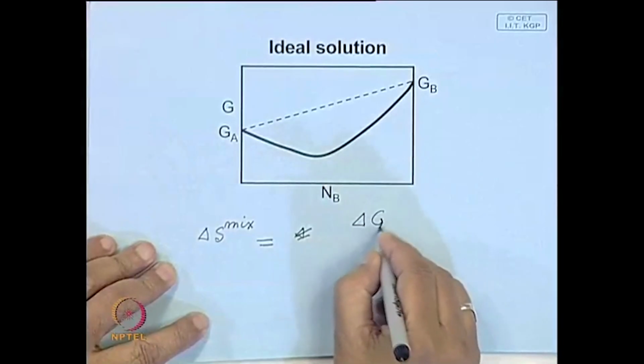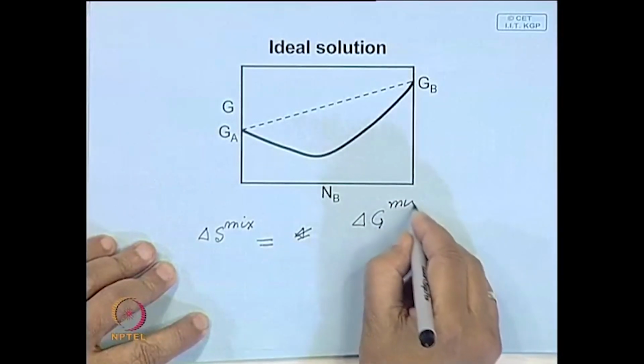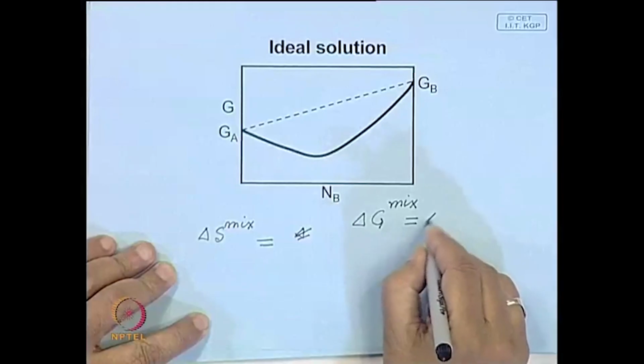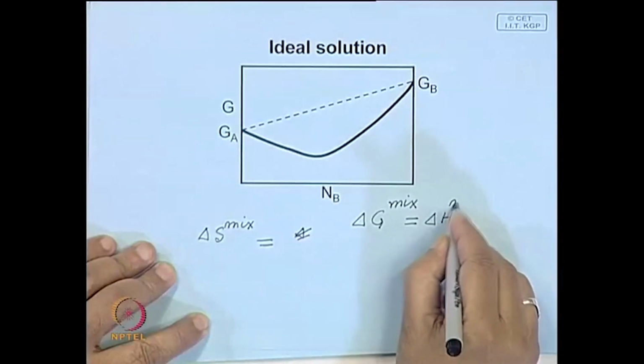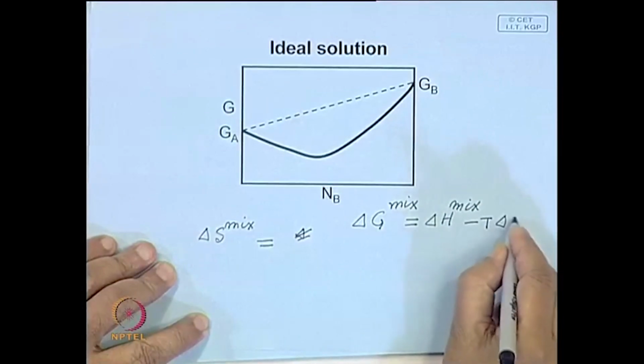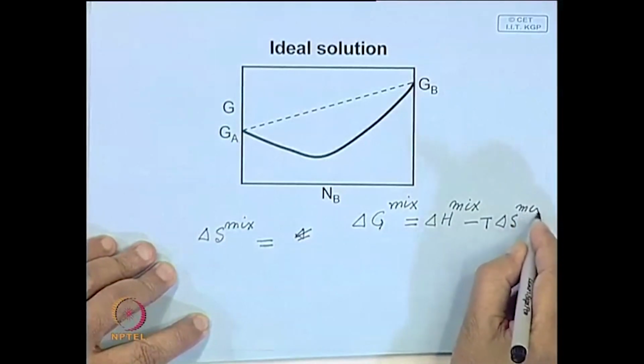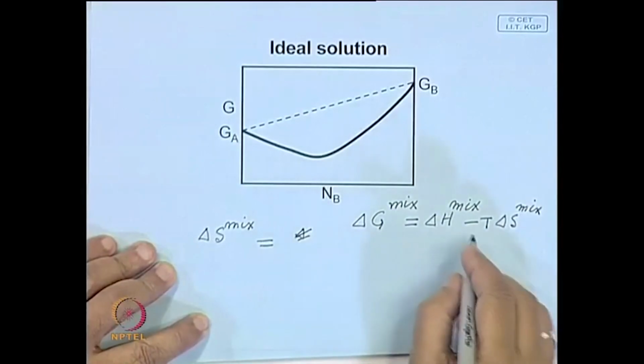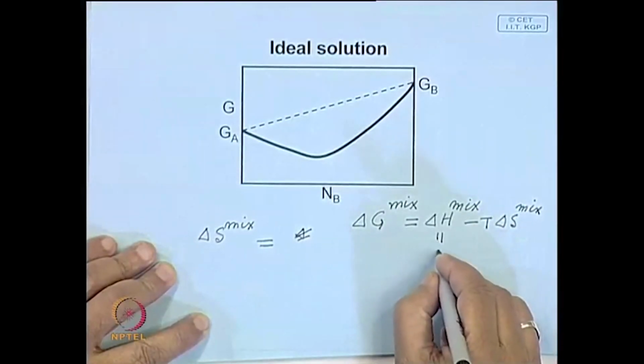We can write that the free energy of mixing equals delta H mixing minus T delta S mixing. Now, here we assume that delta H mixing is equal to 0.